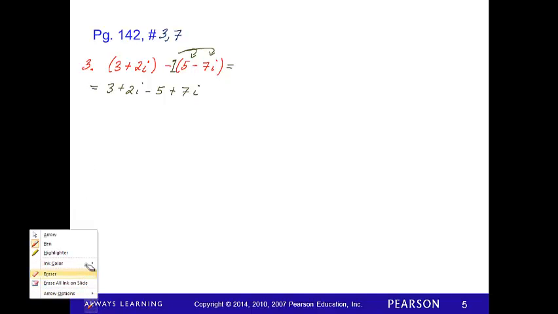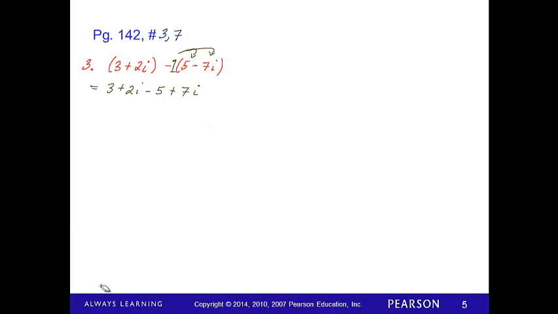As I said before, you can think of a complex number the same way you thought of binomials. You just need to combine like terms. So I have 3 right here and a minus 5 right there. So that's really going to be -2. And then I have 2i plus 7i is 9i. So your final answer is -2 plus 9i.